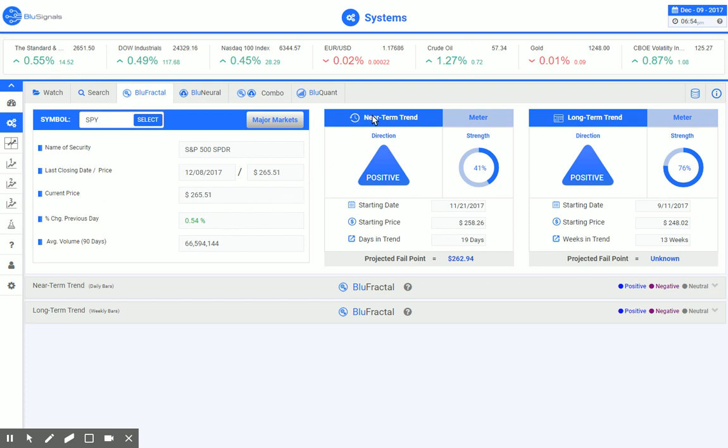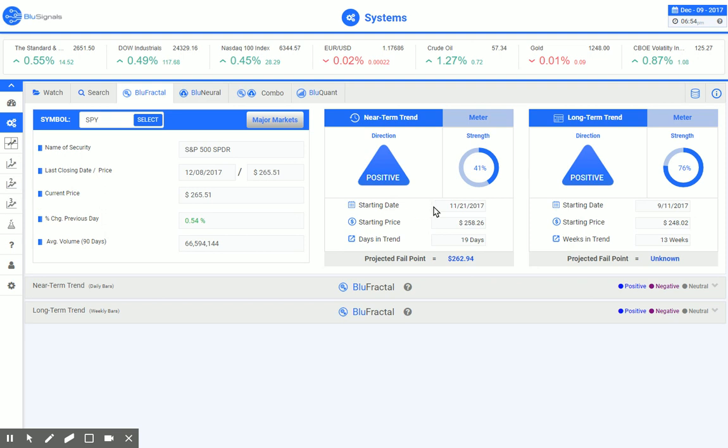Here we have the two key trend indicators, the near-term trend and the long-term trend. And here we indicate the direction of the trend and the current strength of the trend using this strength meter.